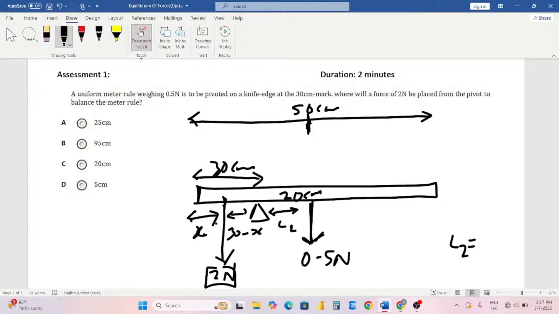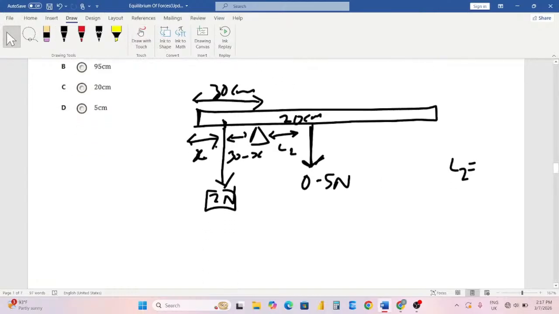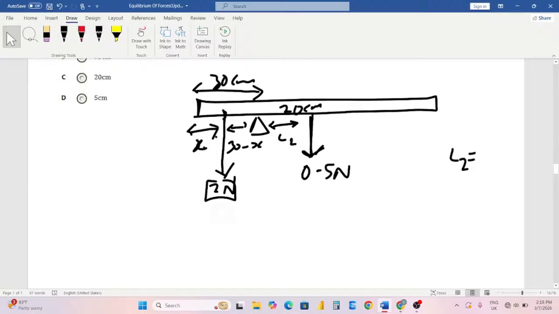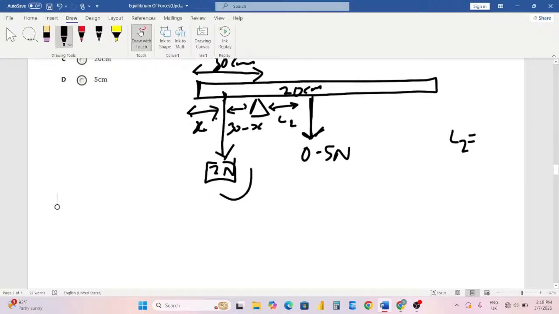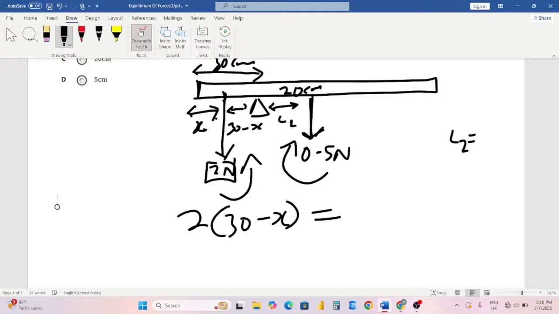So I believe with that we can proceed, because we'll now use our clockwise equals anti-clockwise. So we'll go 2 times (30 minus x) equals 0.5 times 20.